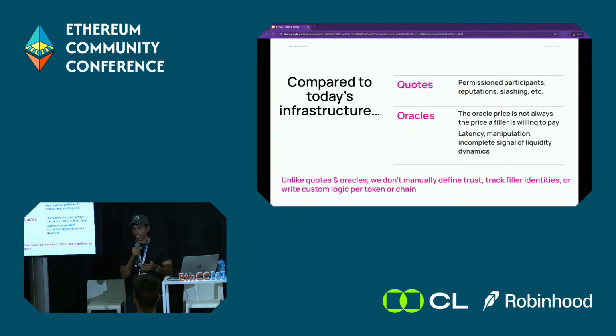So just to compare to today's infrastructure and remind you, the alternatives are quotes like RFQs, or oracles. Quotes require permissioned participants, reputations, slashings, and so forth. And oracles don't tell you the price a filler is willing to pay. They just tell you the market price.